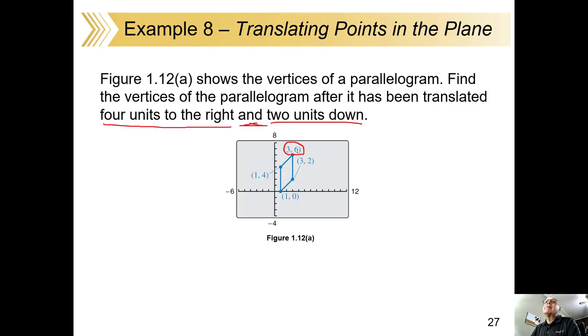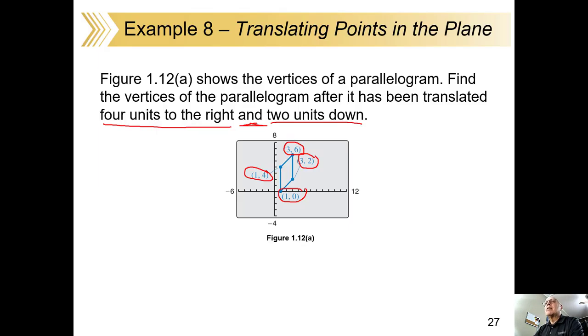So you take the (3, 6); 4 units to the right means you'll add 4 to the 3, and you'll take 2 and subtract that from the 6. Then you'll go over here maybe to (3, 2). You'll add 4 to the x value, subtract 2 from the y value, then you move on to the next one. Add 4 to the x, subtract 2 from the y, and so on with the fourth one.